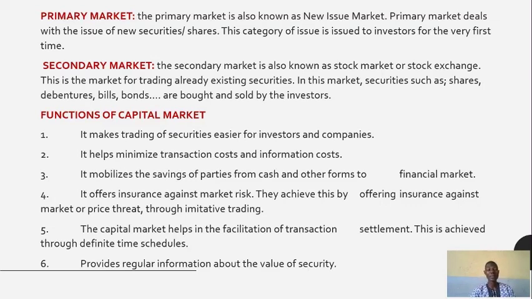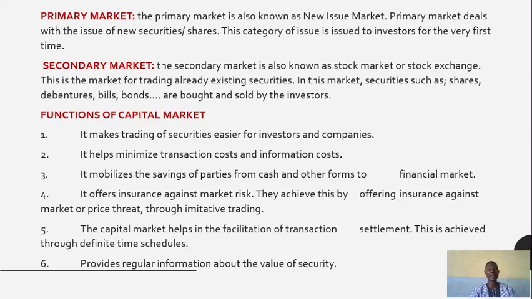So the capital market provides that platform so that the investors, those that want to save, so that in future they can reap reasonable returns. So it helps in the mobilization of savings. Number four, it offers insurance against market risk. They achieve this by offering insurance against market or price threats through imitative trading.